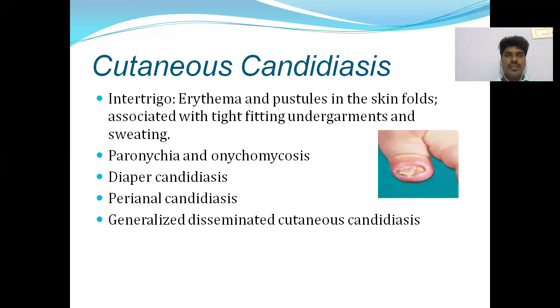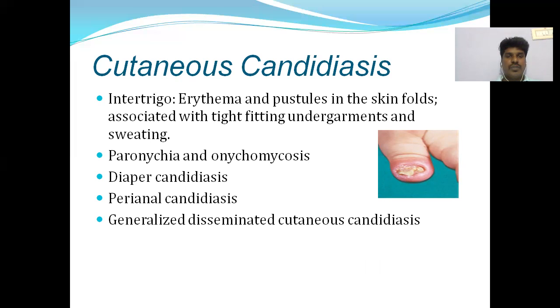Next one is the cutaneous candidiasis. There are various conditions the patient might get. The first condition is intertrigo. In this condition, the patient will get erythema and pustules in the skin folds, associated with tight-fitting undergarments and sweating.